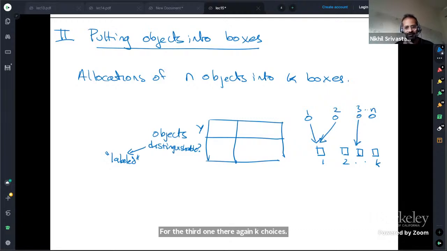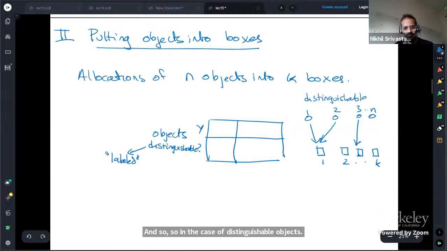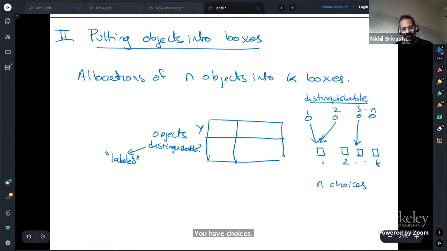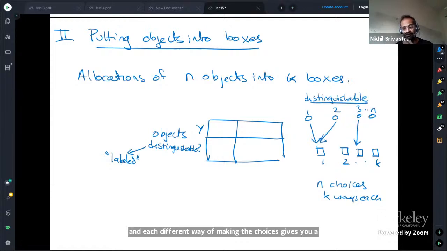And so in the case of distinguishable objects, you have n choices, one for each object, and k ways each. And each different way of making the choices gives you a different allocation because you can tell the objects apart. They have labels.